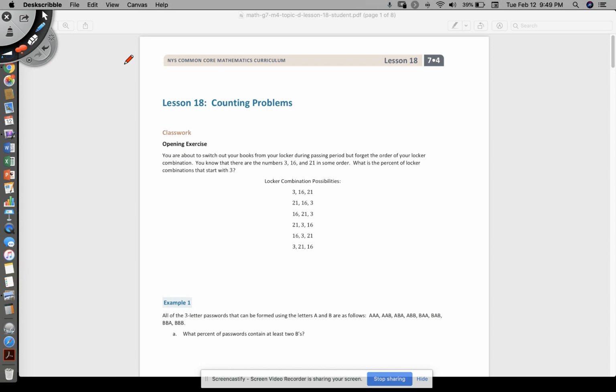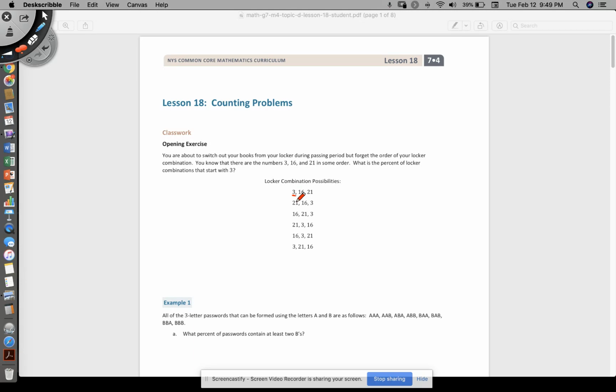Your opening exercise says you are about to switch out your books from your locker during passing period, but forgot the order of your locker combination. You know that there are the numbers 3, 16, and 21 in some order. What is the percent of your locker combinations that start with a 3?